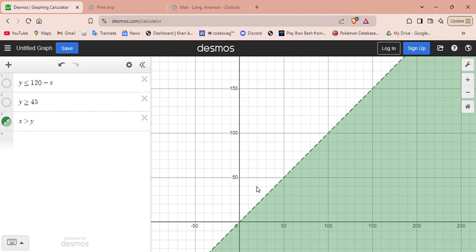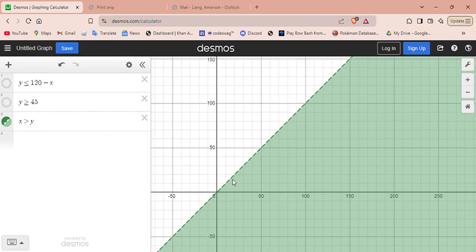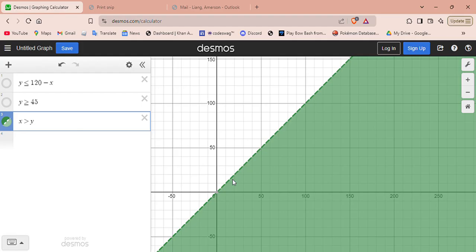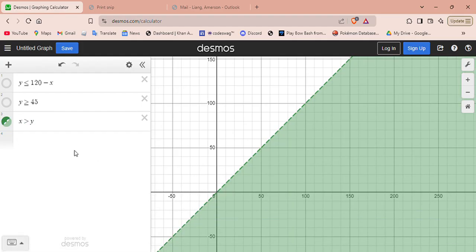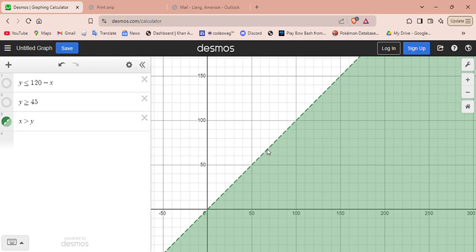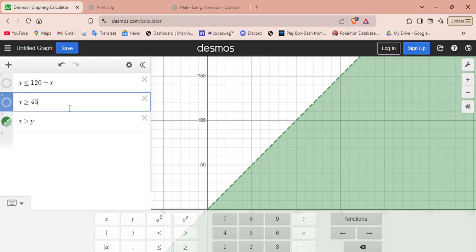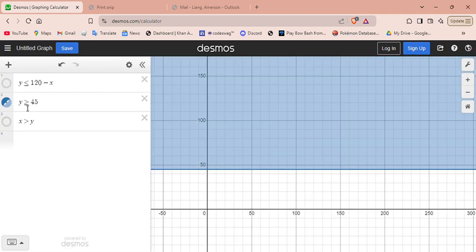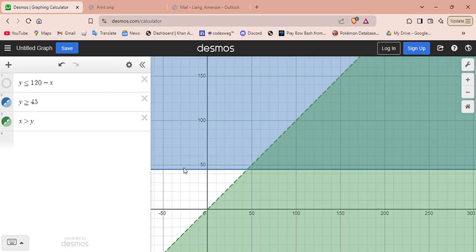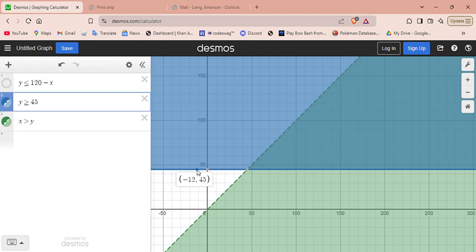What's special about this one is that because it's only a greater than sign and not a greater than or equal to sign, it's a dotted line, because none of the points on the line are possibilities. Compared to y is greater than or equal to 45, the points on the line y equals 45 are included.